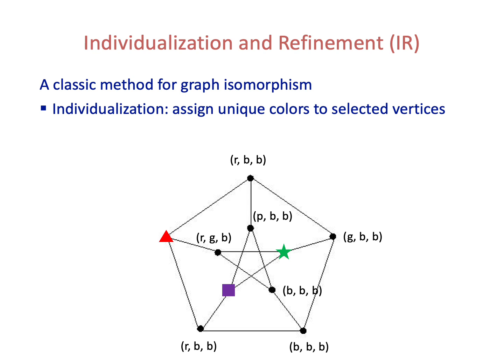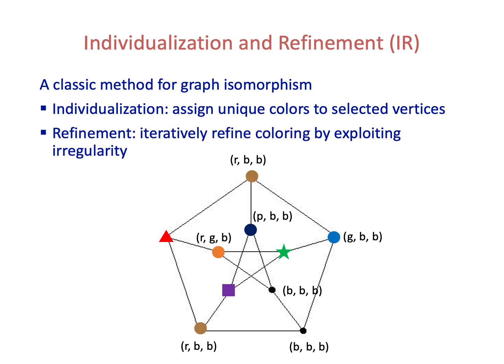Each non-individualized vertex takes the vertex colors of its neighbors as the label for itself, and then we assign colors so that vertices with the same label have the same color. This process continues until no more new colors can be created.